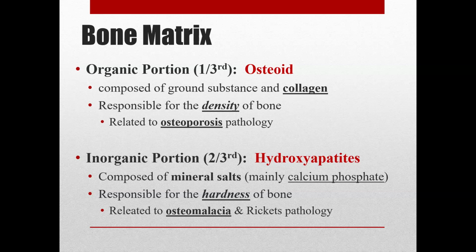So there's two forms of this matrix: the actual substance or the thickness of the bone, the density, that's the collagen. Then there's the hardness of the bone, that's the calcium phosphate. So know which one's which, know which one gives you the hardness, which one gives you the density, know which one's organic or inorganic.